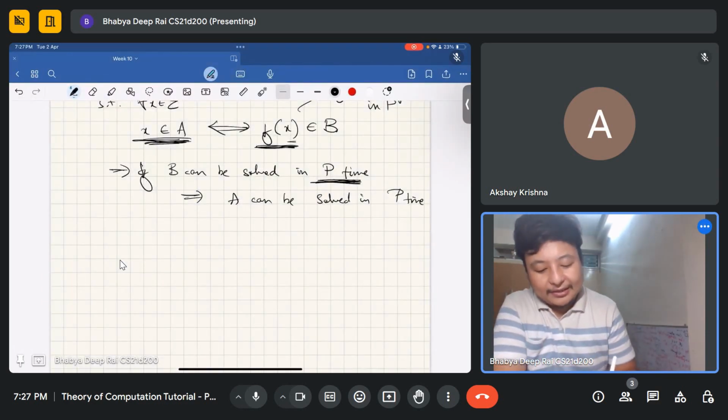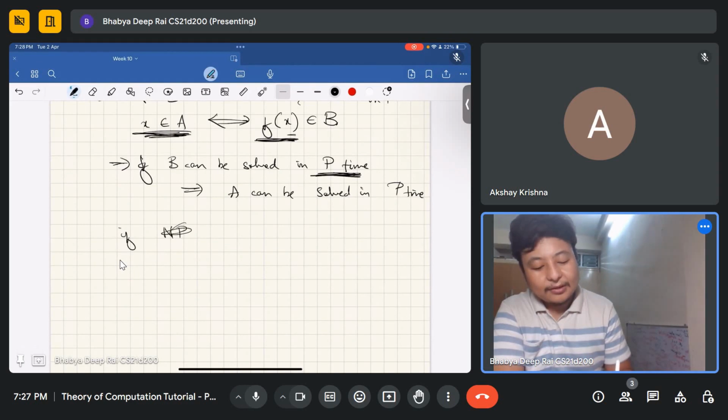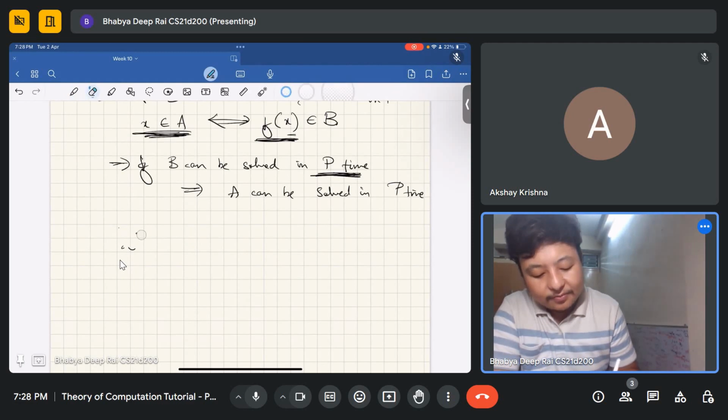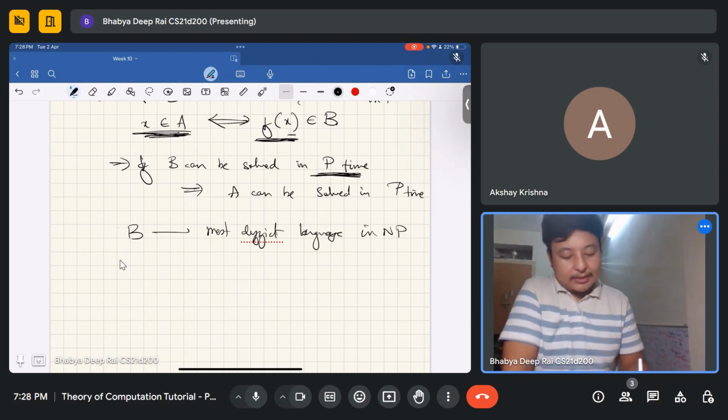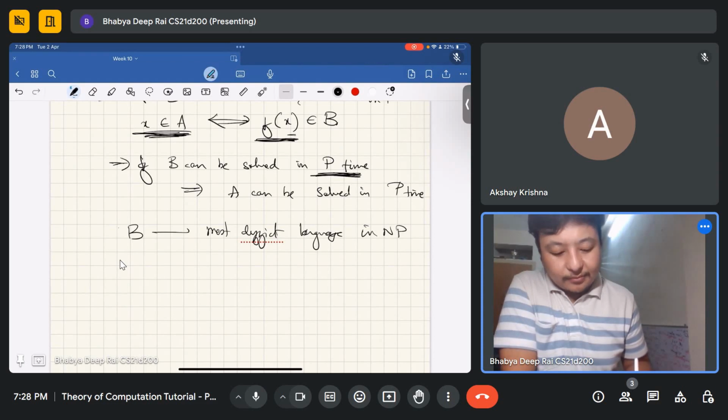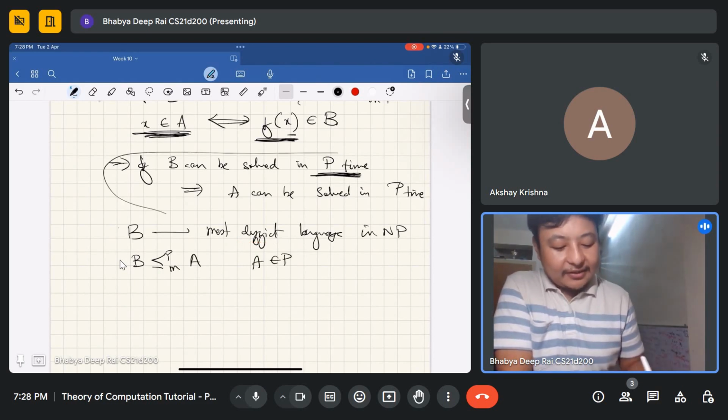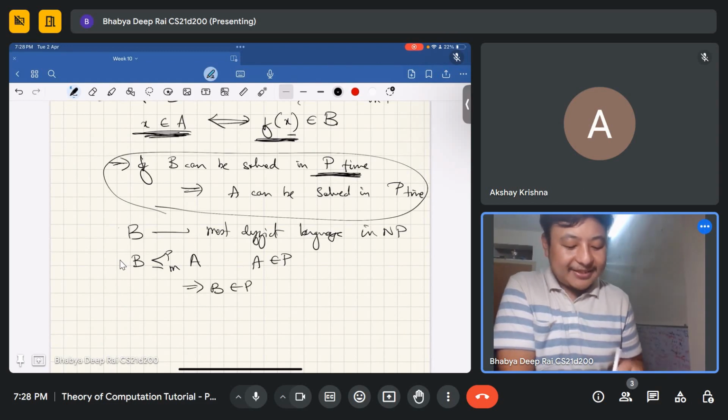The idea is that if I have the most difficult language in NP, suppose B is the most difficult language in NP, and I show that B reduces to A such that A is in P, then because of this result, B is in P, but since B is the most difficult language in NP, this means that P equals NP.